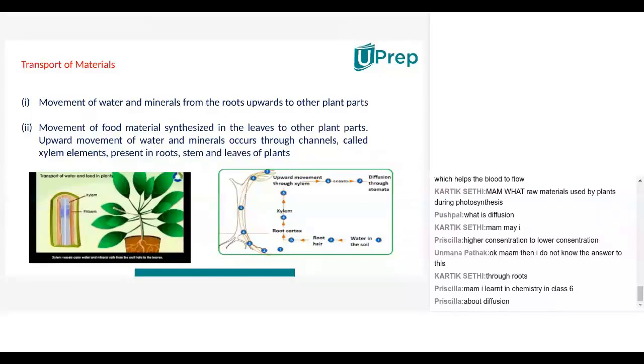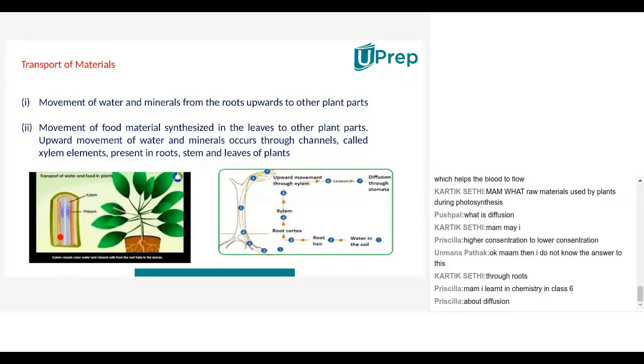So this is how the transport of materials happens in plants, right? These are basically xylem and phloem. There are two such channels. If you want to simplify it, there are two such tube-like structures inside the stem. One is known as the xylem, the other one is called the phloem. Today we will be studying only xylem.